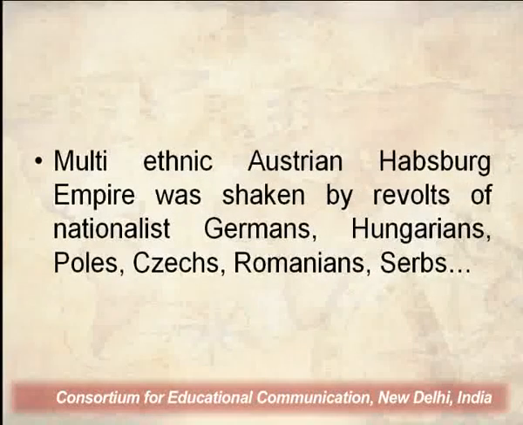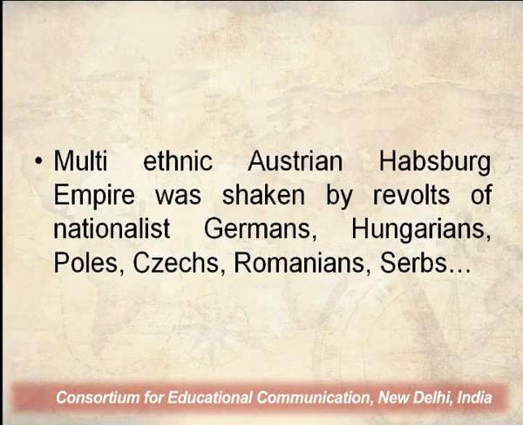Similarly, you have another range of nationalism that we get to see here. The multi-ethnic Austrian Habsburg Empire was shaken by revolts of nationalist Germans, Hungarians, Poles, Czechs, Romanians, Serbs, and the list is long.